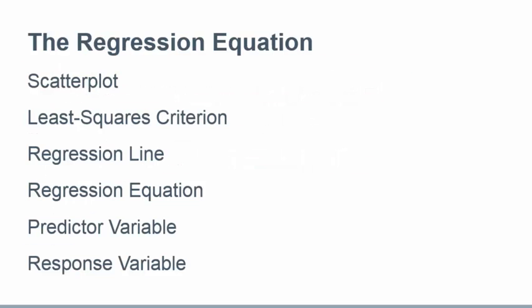Recapping the regression equation, a scatter plot is a graph of our data that can be written as ordered pairs. The least squares criterion helps us find our regression line, which is our line of best fit for our data set.